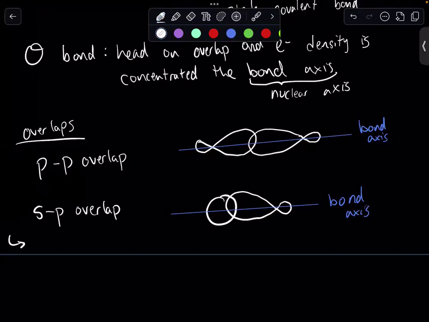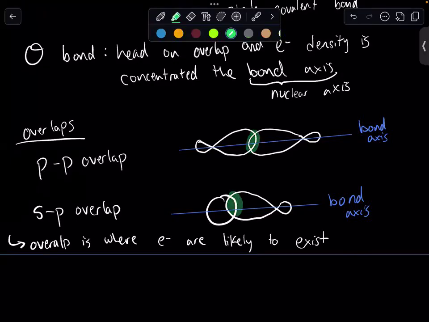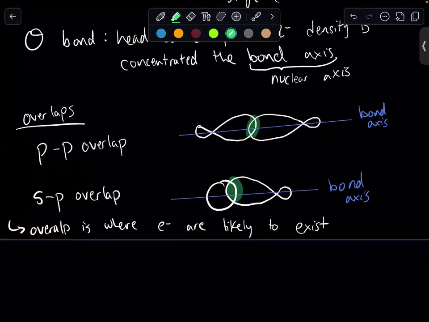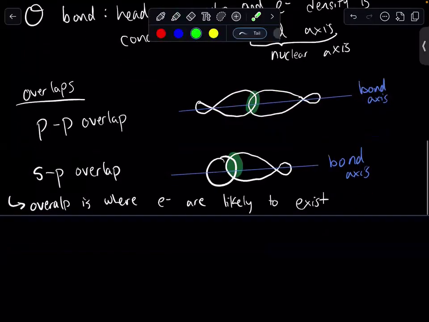Really important to constantly keep in mind is that the area of overlap is where electrons are likely to exist. Because electrons are always moving around, this is just the region that they're most likely to exist in that overlapping area. The density or the size of the orbital is a reference to the electron density. So we have greater electron density here, with the most in that overlap section.